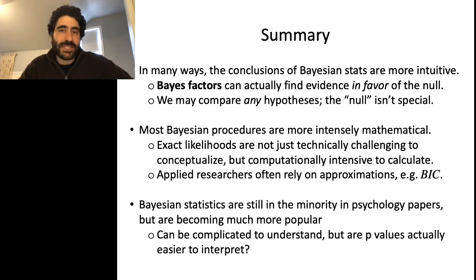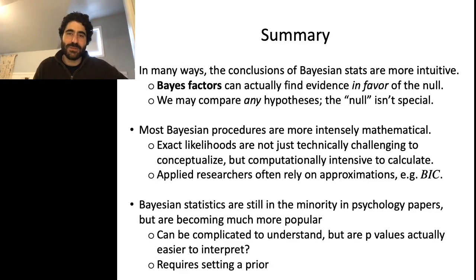These Bayesian methods can be hard to understand, but there's some debate about whether p-values are really easier to interpret. They do require things like setting a prior. They do require thinking about what questions we want to ask. One advantage of Bayesian methods is that we can ask more questions, but it means we also have to think more carefully about the questions we want to ask and what models we want to build.